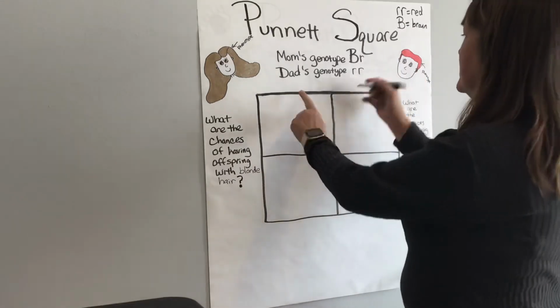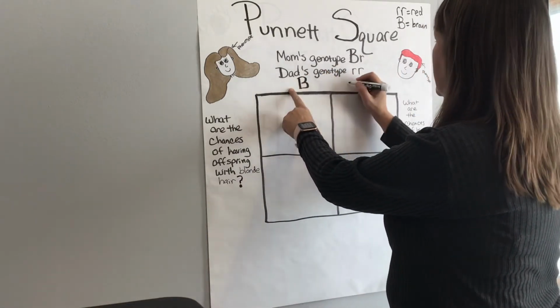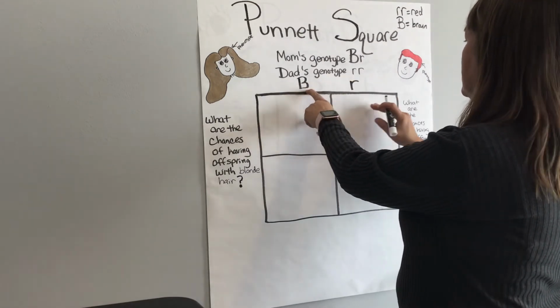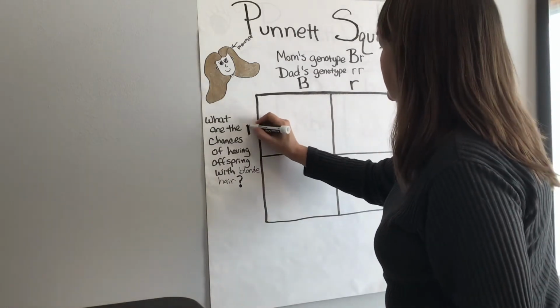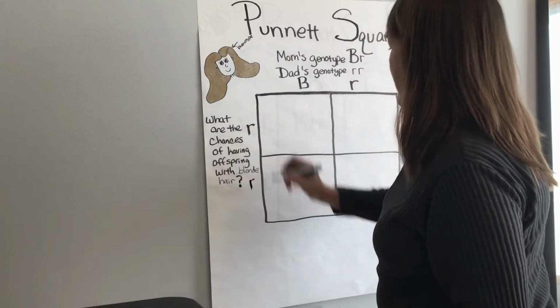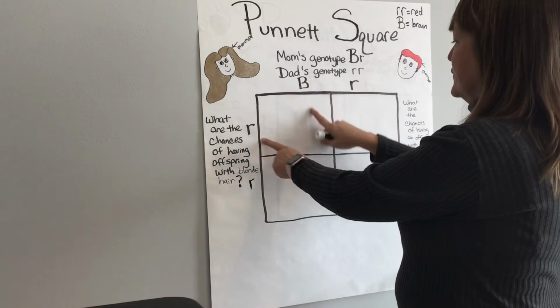So anyways, we're going to put the genotypes on the Punnett Square. So you have mom's dominant for brown hair, recessive for red hair, and you have dad who is recessive twice for red hair because he has red hair. Okay, so then put these two together.